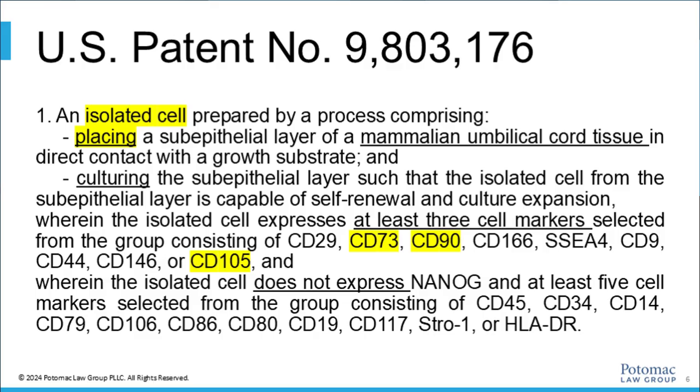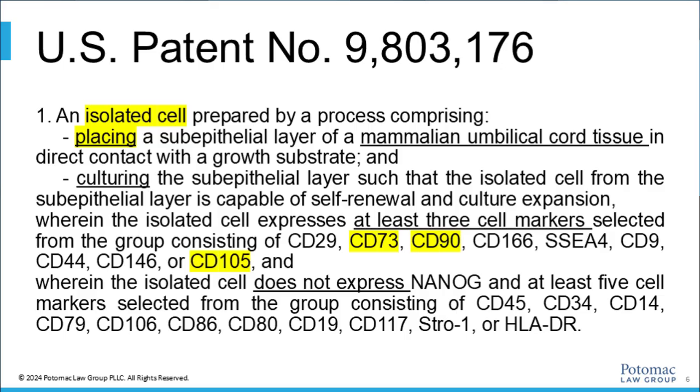I'm going to discuss what the specification teaches briefly. Here we've got only 2 steps, placing and culturing. Basically, the process set forth in the specification goes into further detail, right? It isolates the umbilical cord, you slice open the umbilical cord, do a washing step, and put it face down on the substrate layer, so that is to say the inside of the umbilical cord is face down on the substrate layer, and it's incubated, and you can vary the oxygen levels during the incubation, and then you can go ahead and isolate the cells.